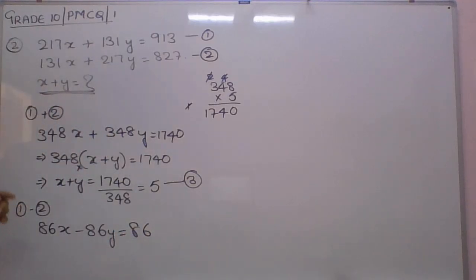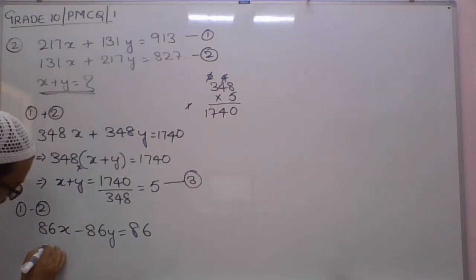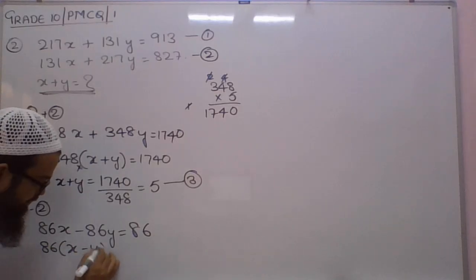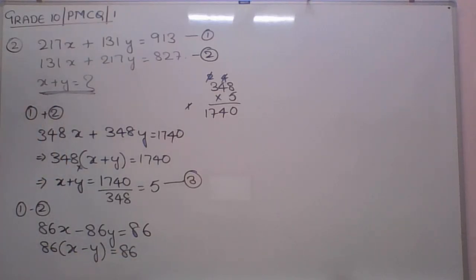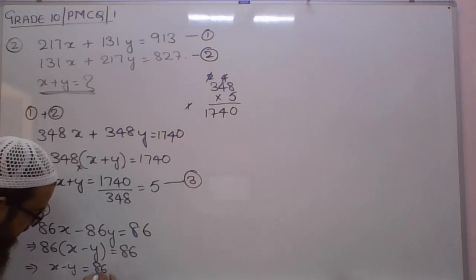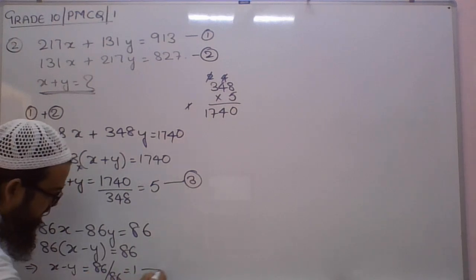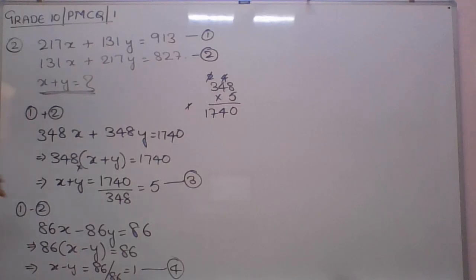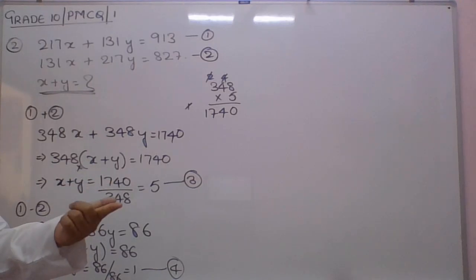I'll tell you one thing. Actually, we have completed the problem. No need of finding x and y. I am continuing this problem to explain to you the concept of how these kinds of problems work out. So when I transpose, x minus y is equal to 86 divided by 86, that is equal to 1. This is the fourth equation. Suppose he has asked anything other than x plus y and x minus y, you have to solve the third and fourth equations, find the values of x and y, and then proceed.